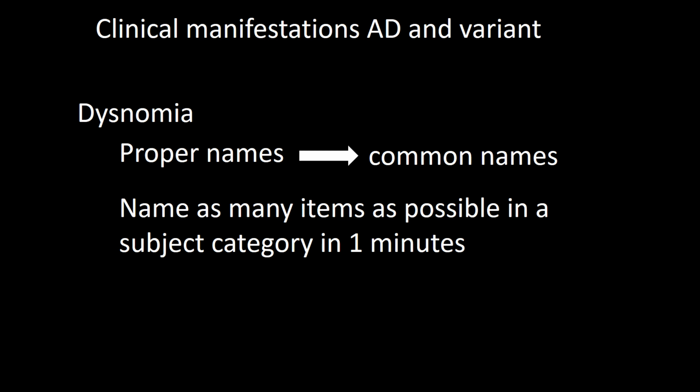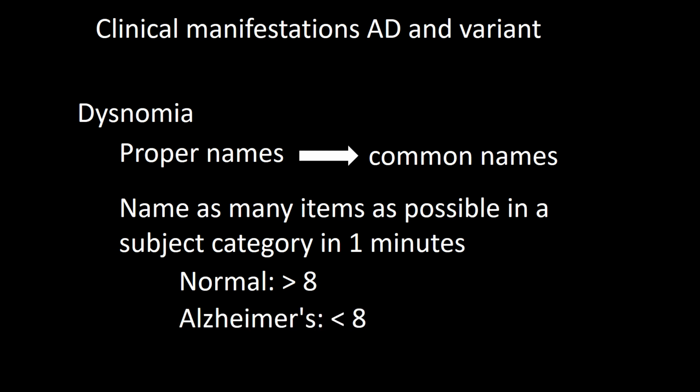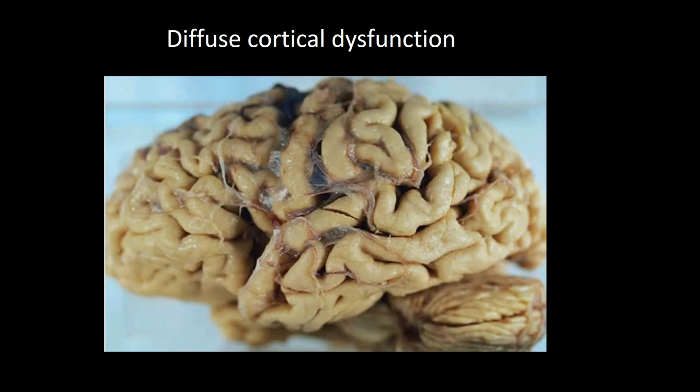Let's say we ask the patient to name as many vegetables as possible in 1 minute. Most normal people will be able to name more than 8 items. Patients with AD usually name 4 or 5, certainly less than 8. Dysnomia is related to diffuse cortical involvement.